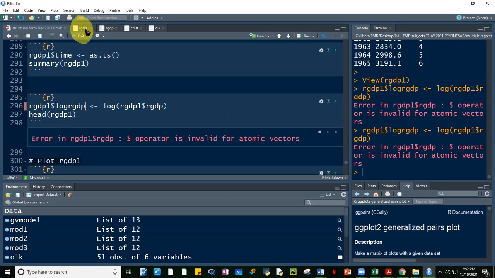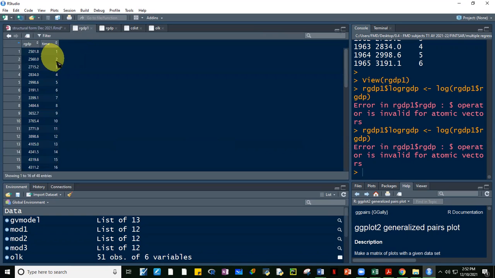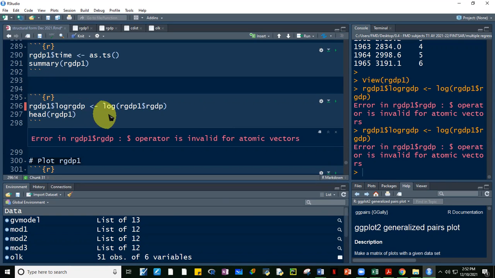And then RGDP log of... Error: operator is invalid for atomic vectors.